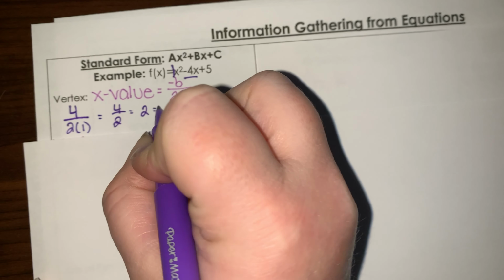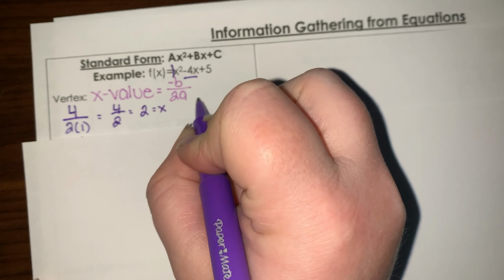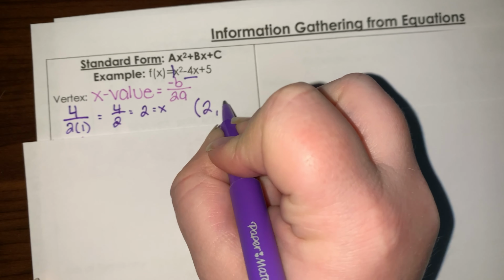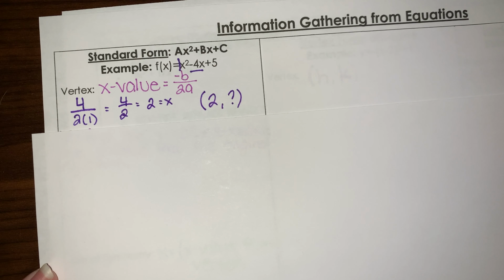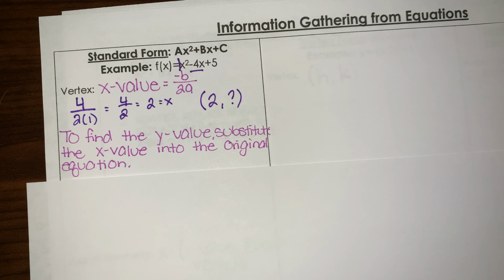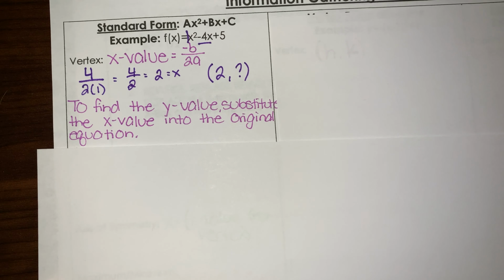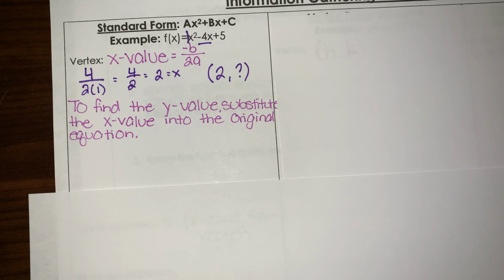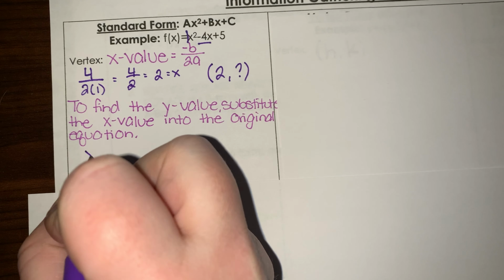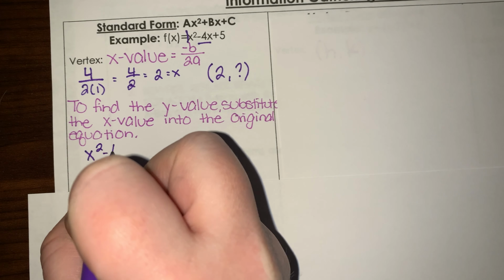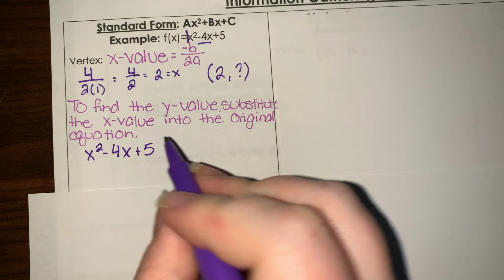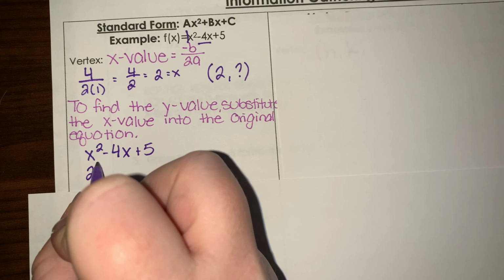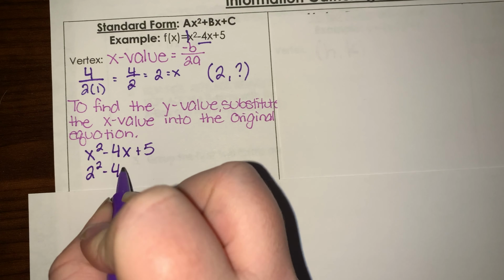So I know that the x value of my vertex is 2, and we don't know what our y value is yet. But to find the y value, all you have to do is substitute the x value into the original equation. So what that would look like is this. If my original equation is x squared minus 4x plus 5, and I know that x is 2, I substitute 2 in for x.